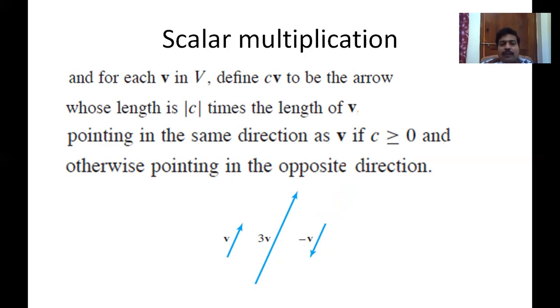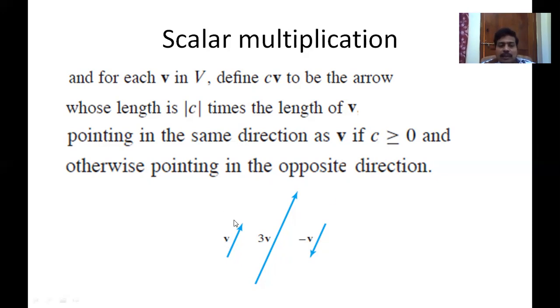And for scalar multiplication, for each V in the set, we define CV to be the arrow whose length is mod C times the length of V. So if you are multiplying with 5, the resultant vector must be 5 times the original vector. If you want minus 5 times V, then also the length must be 5 times, since mod minus 5 is 5, but its direction must be in the opposite direction.